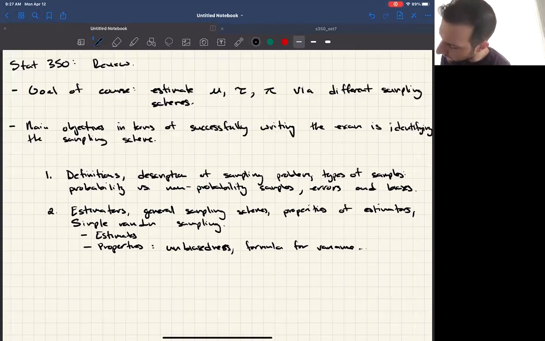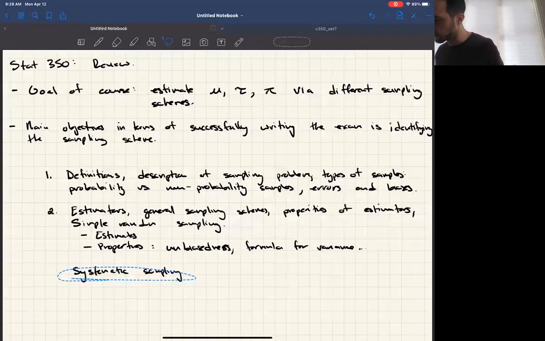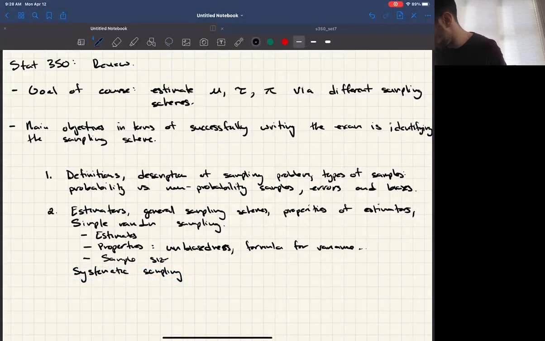Okay, and then we started talking about, in the same lecture set, we had systematic sampling. Oh, and I guess actually there's one other thing that I should mention here. A lot of this stuff will become repetitive as we work through this, but we also talked about sample size calculation.